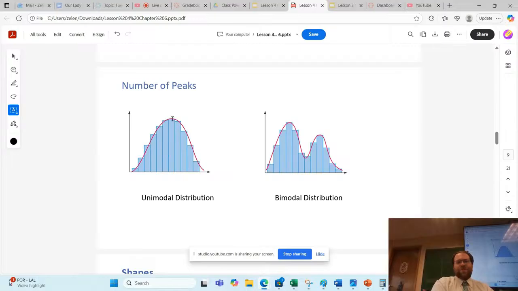If there's one peak, it's called a unimodal distribution. Uni, prefix of 1, so one mode is what it's saying. Bimodal means 2 peaks or 2 modes, such as that picture there.